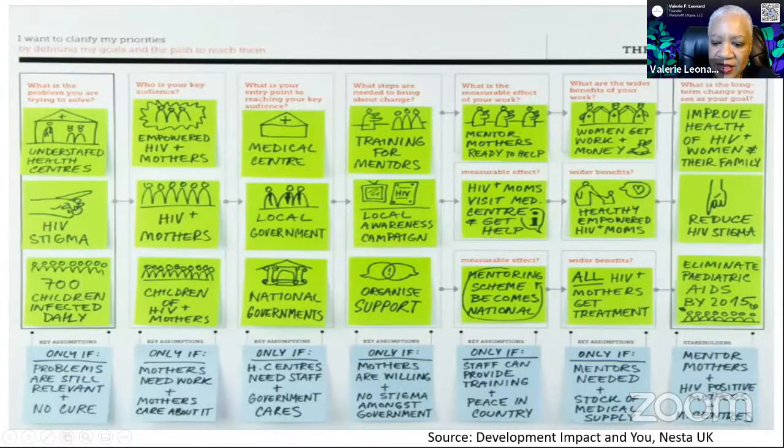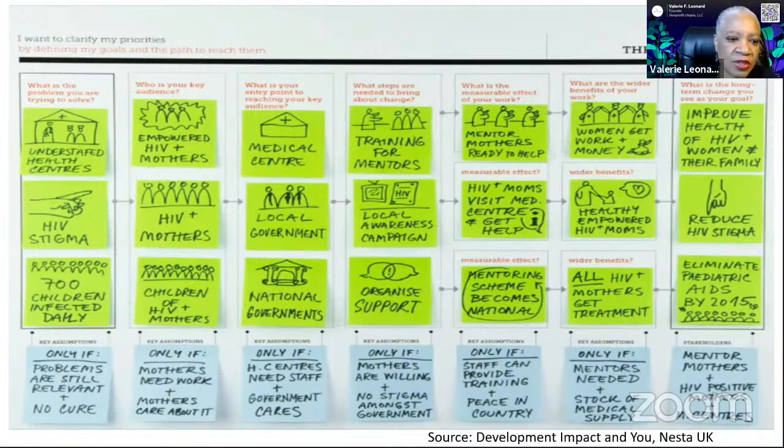All right, and this is an example, a real live example. And if you can bear with me, I need to make sure I can see. All right, and this was put together by Development Impacting You. This is an example that was put together by one of the organizations that actually use their framework.